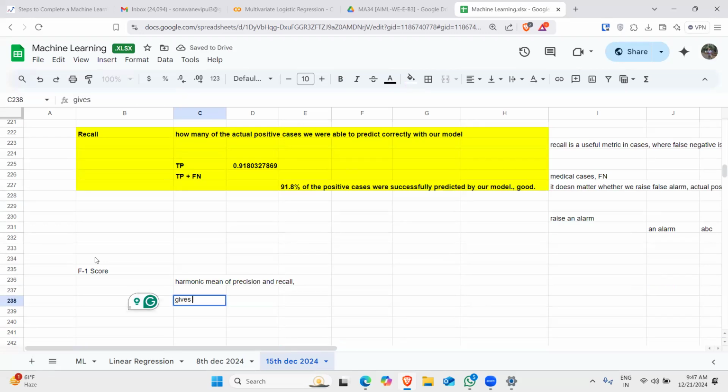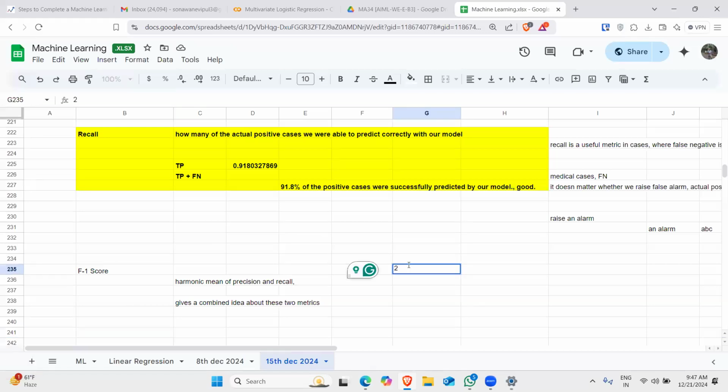So it gives a combined idea about these two metrics, right? Harmonic mean means it is 2 times precision into recall divided by precision plus recall. That's your harmonic mean.